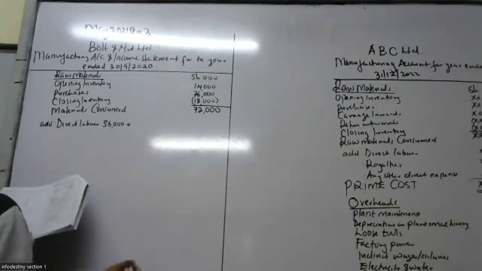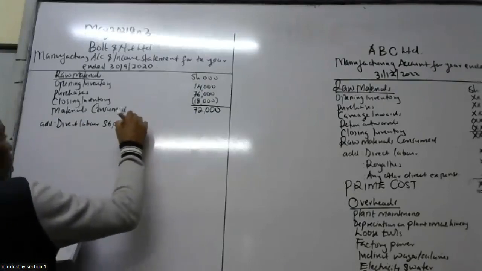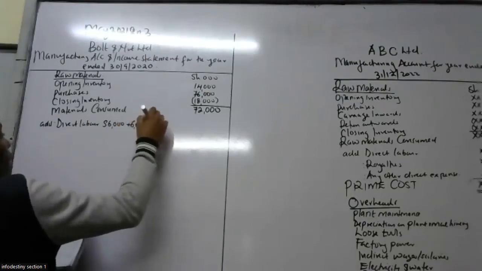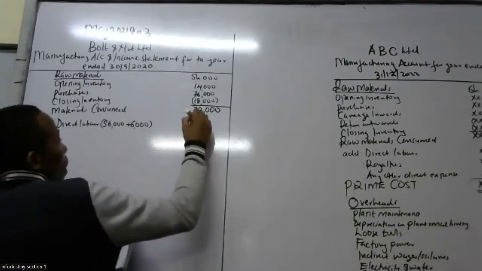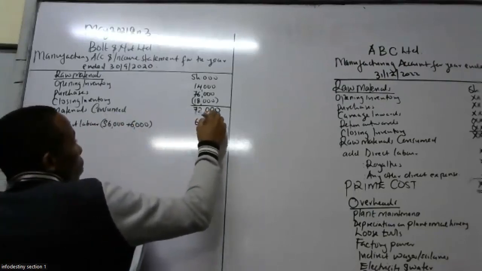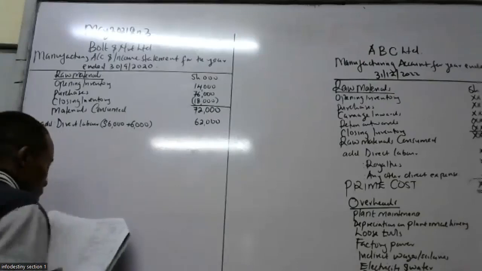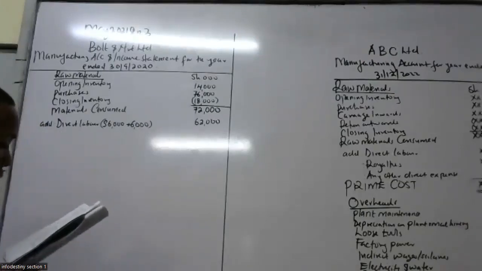That is additional information 4. So we add the 6 million. And the figures are in thousands, so we pick 6,000. So the direct labor will now total to 62,000. And there were no royalties given there.